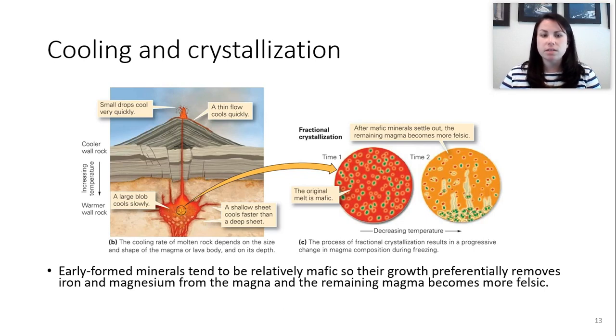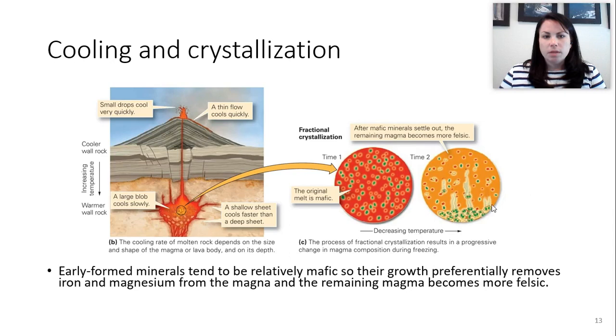But the thing to take away from this is that we have these different crystals that are present within rock, and there's a correlation between having more mafic and more felsic crystals in an igneous rock. We're going to define those later on. But there is a correlation between cooling and crystallization.